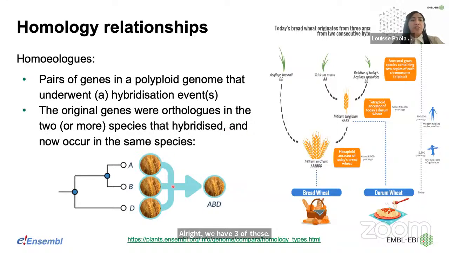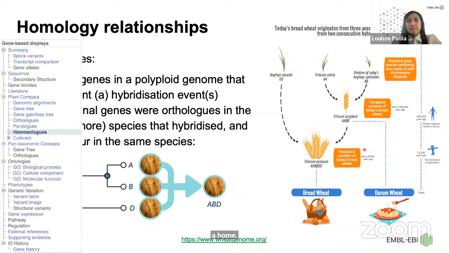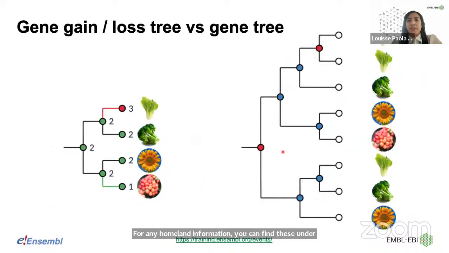When they hybridize, becoming ABD, all these three genes are now found in this new polyploid genome. This is an example of homeologs. For any homolog information, you can find these under the Gene tab in the browser.